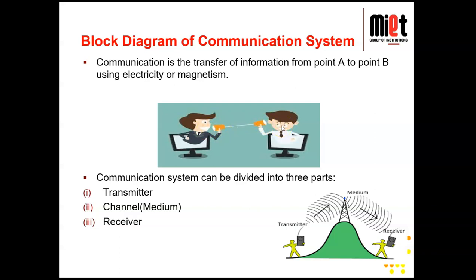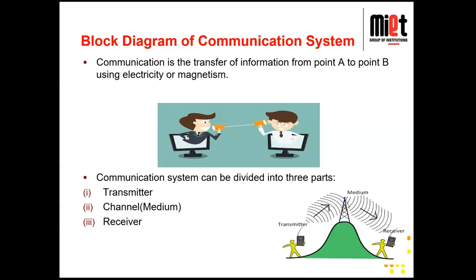Now the communication system can be divided into three parts: transmitter, channel, and receiver. As I told you before, to send any data or message to a second person, you have to transmit that message through a transmitter, and after transmitting, it will travel in a medium.